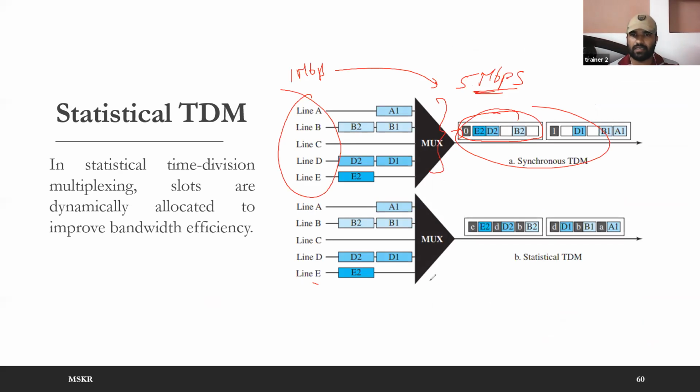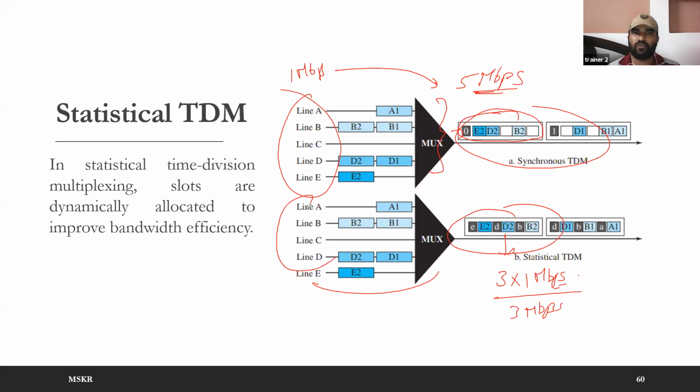Whereas here, depending on how many slots are there, here 3 slots are there, so 3 into 1 Mbps is the maximum bandwidth. So 3 Mbps is the bandwidth of your link, whereas the cumulative data rate of all the users is 5 into 1 Mbps.